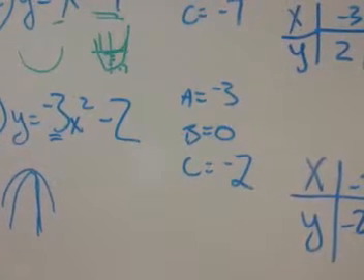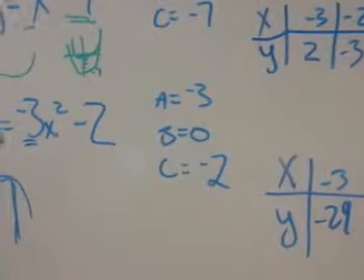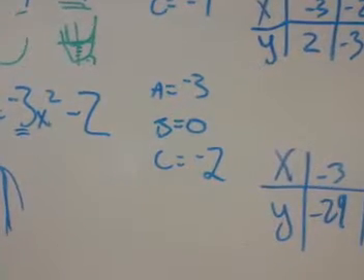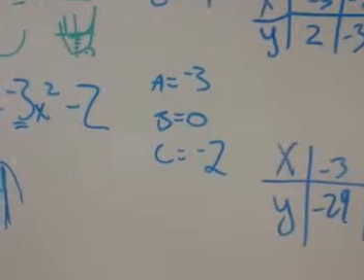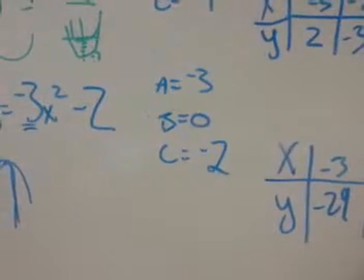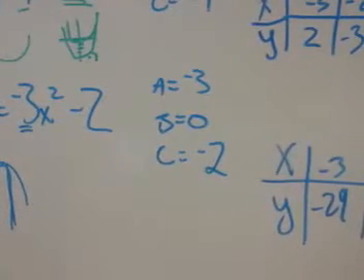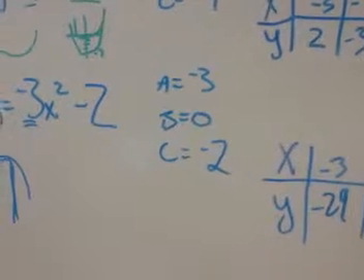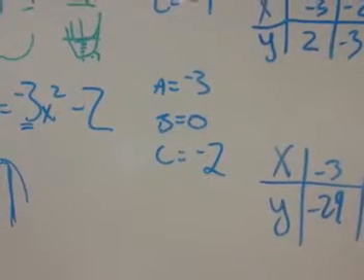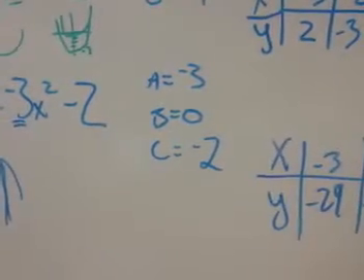That's negative 12 minus 2. That'll be negative 14. If x is negative 1, x squared is 1 times negative 3. That's negative 3 minus 2. That'll be negative 5. If x is 0, that should be negative 2. If x is 1, same thing: 1 squared, that's negative 3 minus 2, that's negative 5.